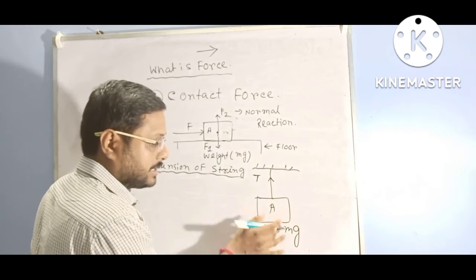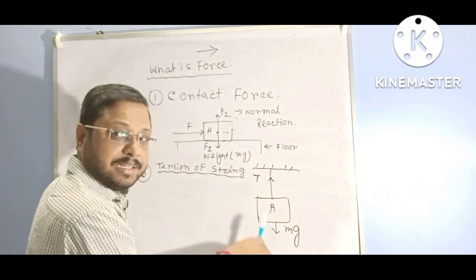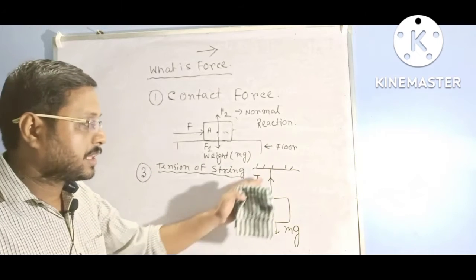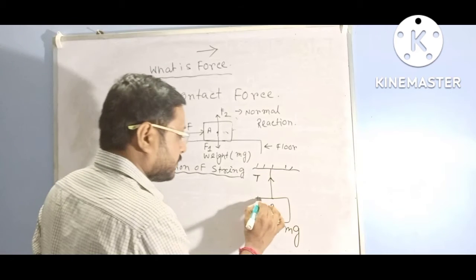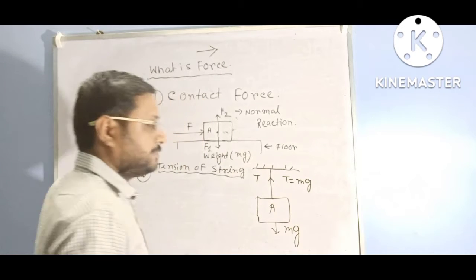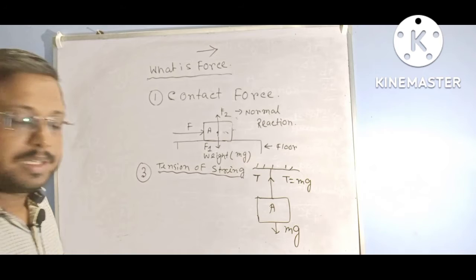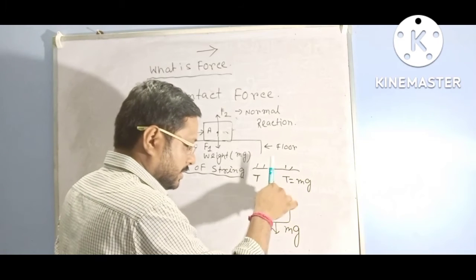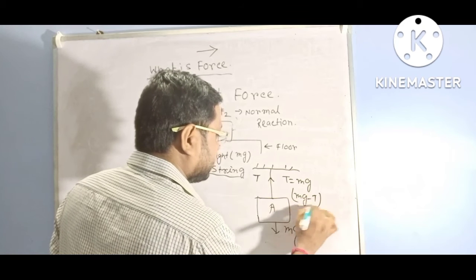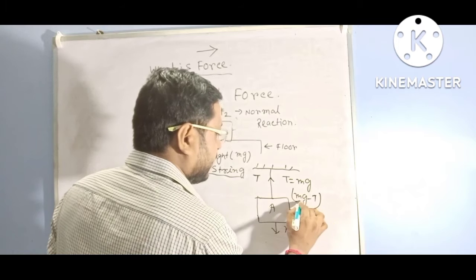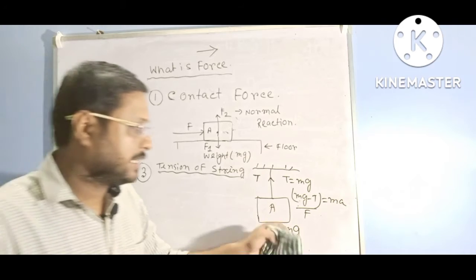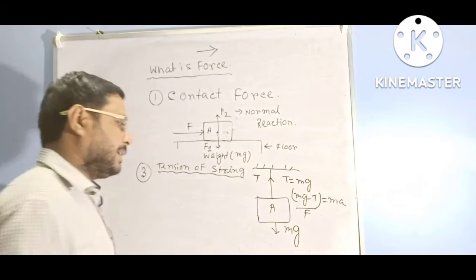If the body is in equilibrium, that is, it does not move, then T equals mg. And if it goes downward, then mg is greater, and mg minus T is the resultant force. We know F equals ma, then mg minus T equals ma if we accelerate it. But we can take that later.